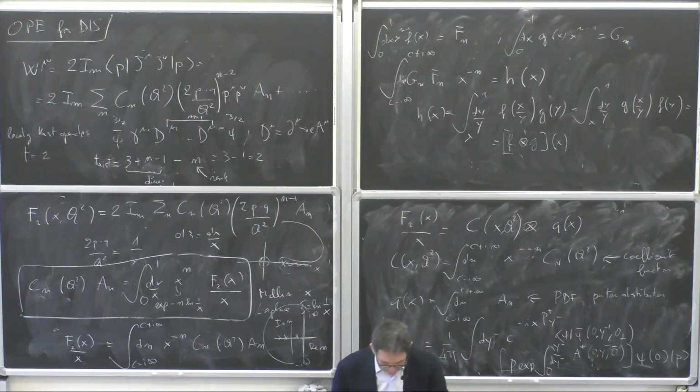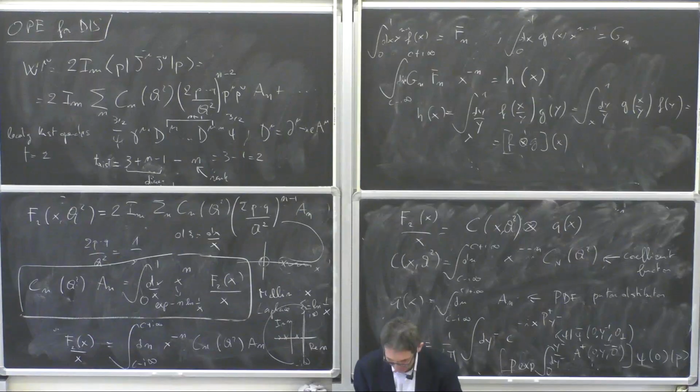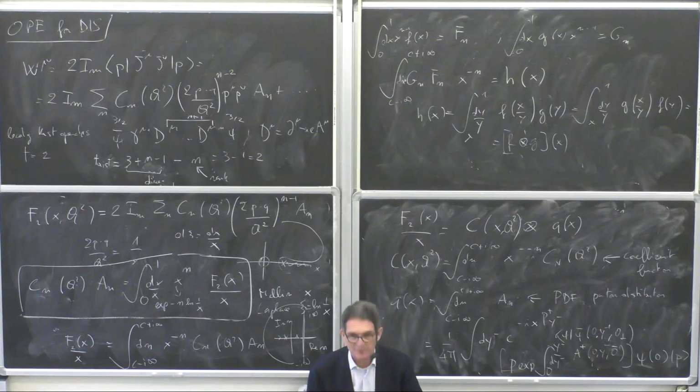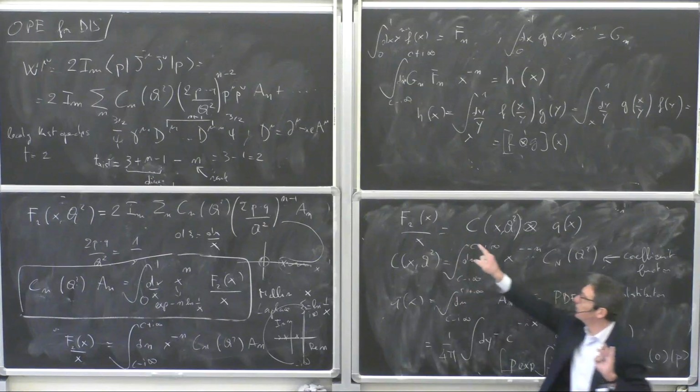Okay, so this actually defines something which is going to lead us in a second to the parton model, even though this might be surprising. So like this, I finished the chapter OPE for DIS.